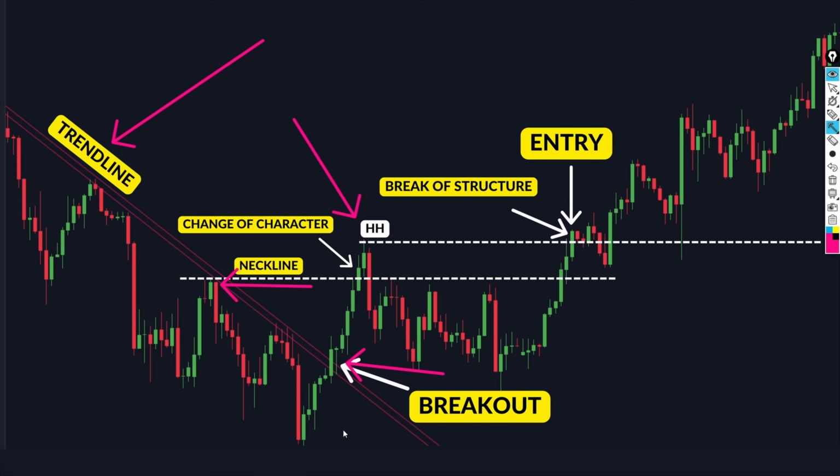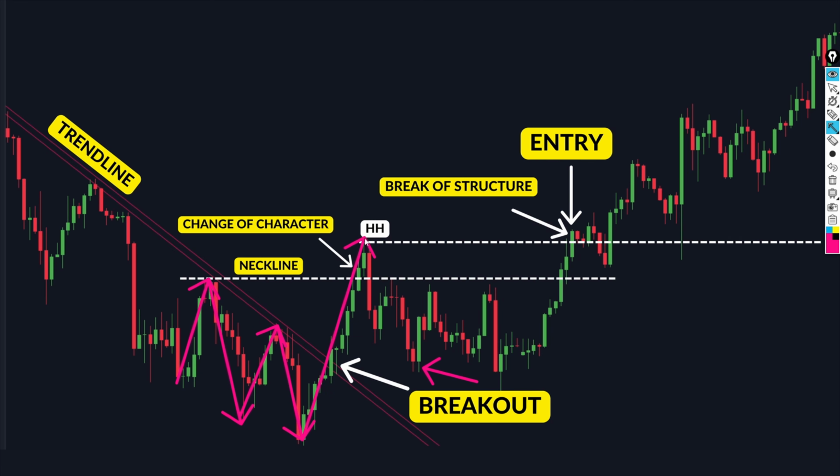Here we didn't have a particular reversal price structure, but we can clearly see that there is a loss of momentum because previously market was going like this. After that, market goes up, it goes down, and it reverses.